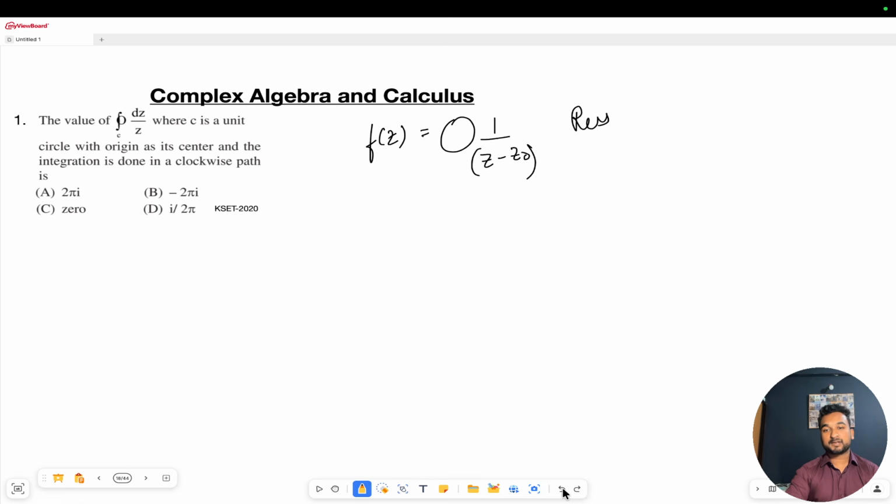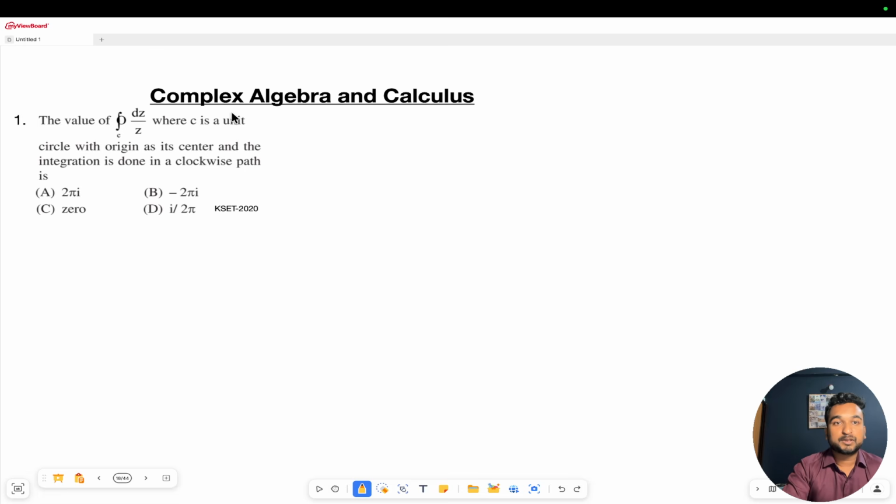This is a trick, but it is only applicable when you are able to expand that function. So an easier thing is just to solve it by removing the pole. So your f of z, here you can see 1 by z, so z equals 0 will be your pole of order 1, simple pole.